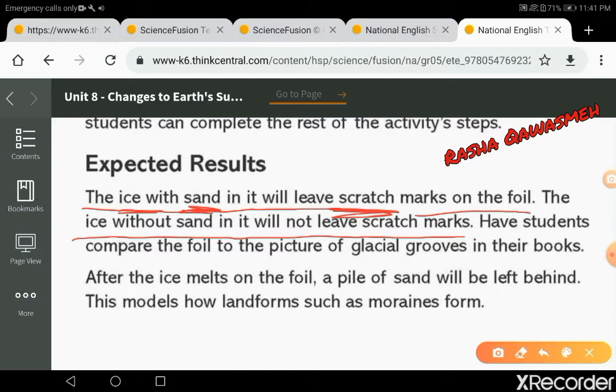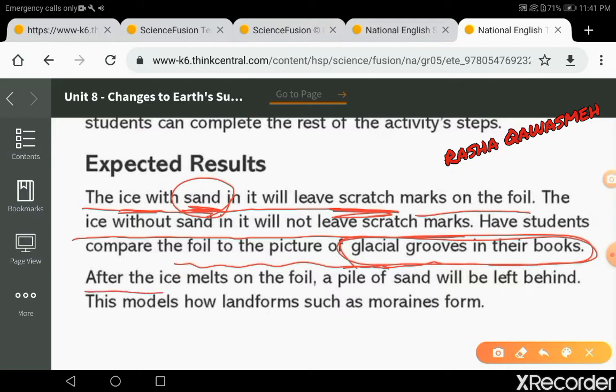Now the students will compare, okay, the foil to the picture of glacial grooves in the book. We'll talk about glacial grooves and I'll remind you about this activity. Grooves, it is a trace of the glaciers, okay, because what does it carry? Yes, because it carries sand and pieces of rocks.